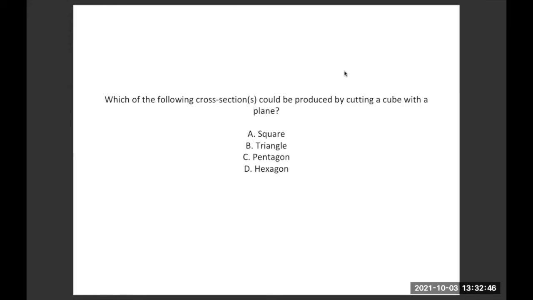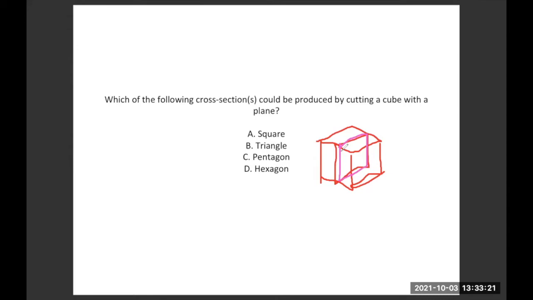For example, if this is the cube, and if I cut along this axis, the vertical axis, the cross section which I get, this pink color, is a square.